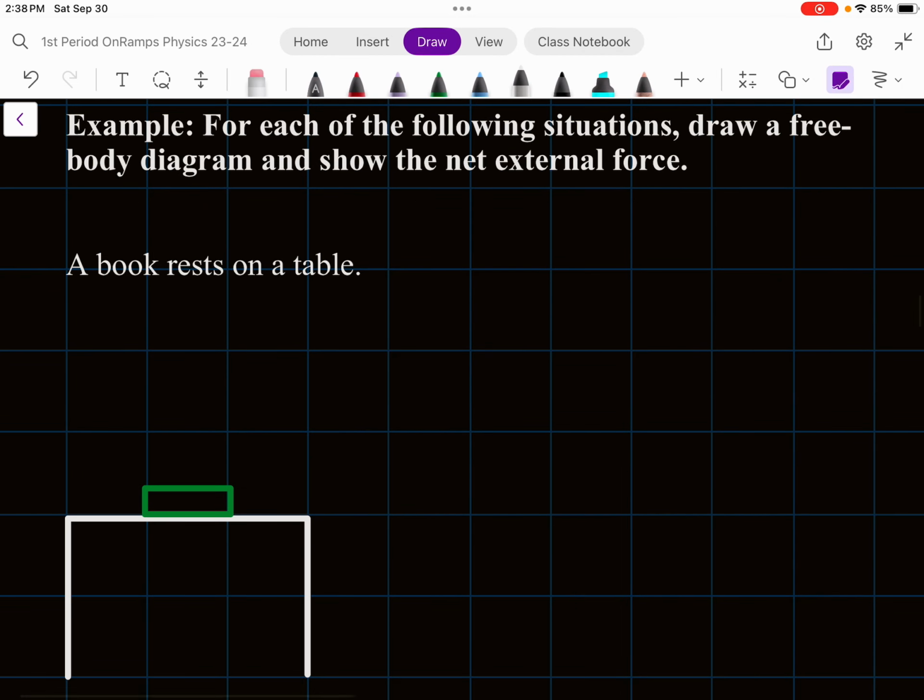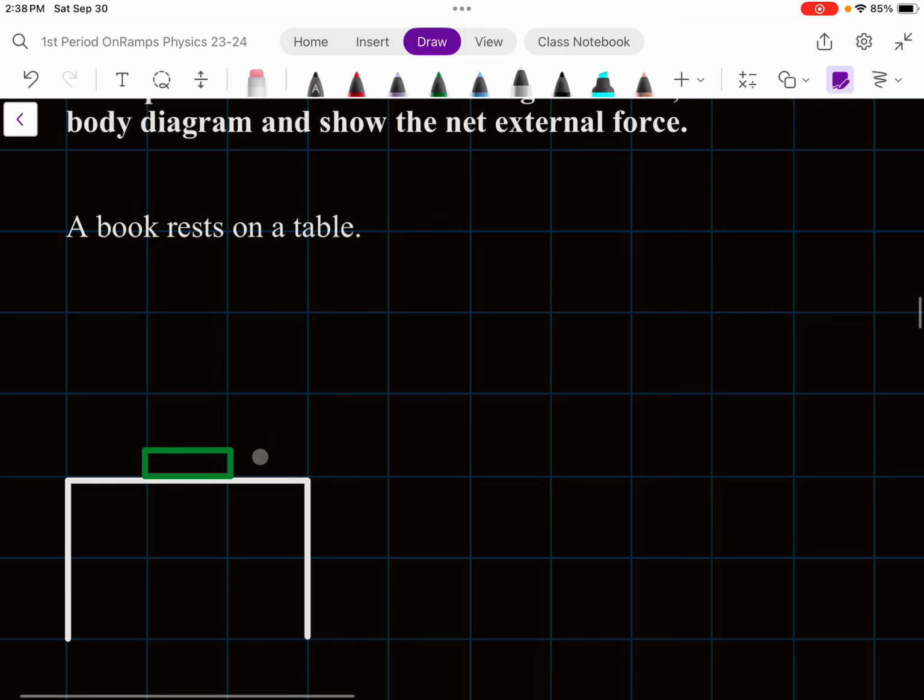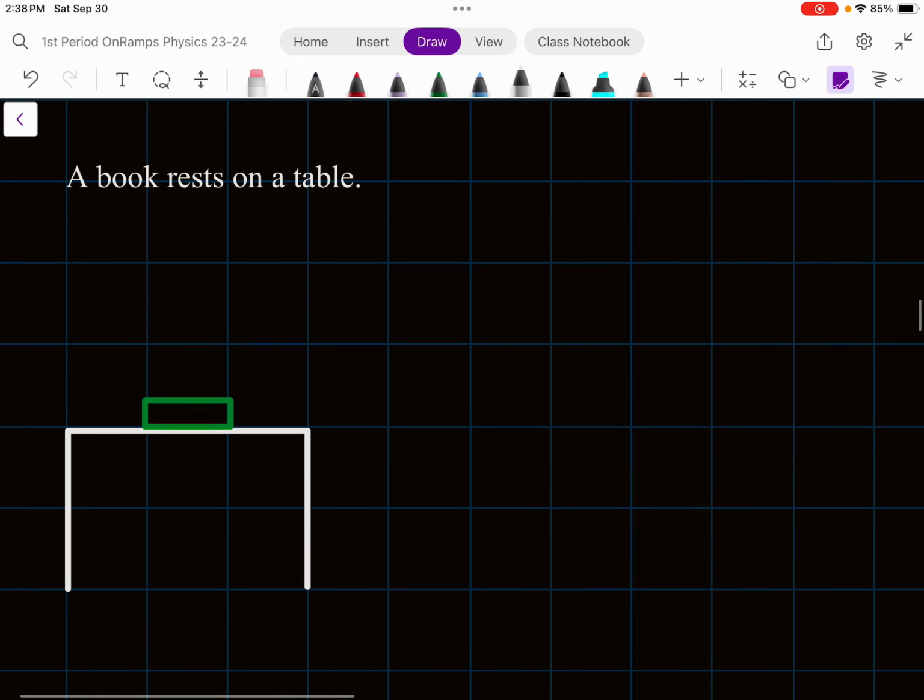The first one says, for each of the following situations, draw a free body diagram and show the net external force. Okay, a book rests on a table. Here's my book on a table. Very simple. I don't start right away with the free body diagram because we're learning, so I'm going to use my sketch. And I'm going to find the center of mass of the book, which is the center. For most objects, it'll be the center.